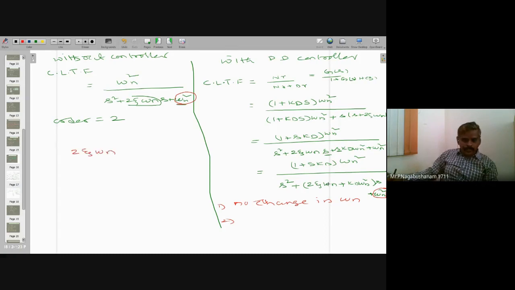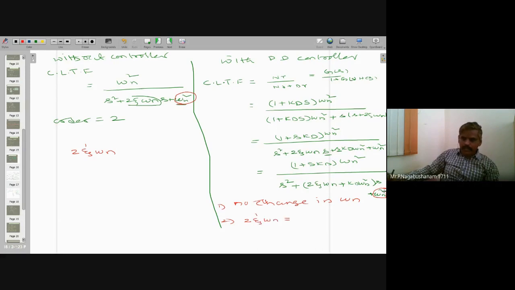Here also 2 zeta is there. To compare these two, I'm going to use 2 zeta dash, comparing the multiplication of s without the controller with the controller. To make the difference from this zeta, I'm using 2 zeta dash omega n.